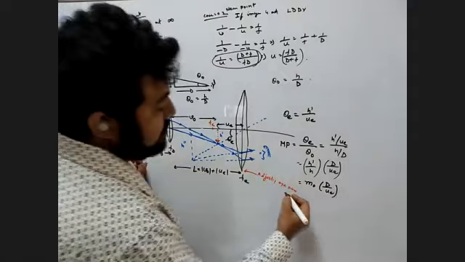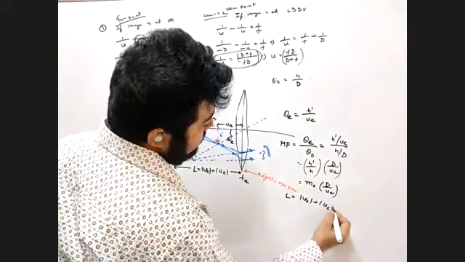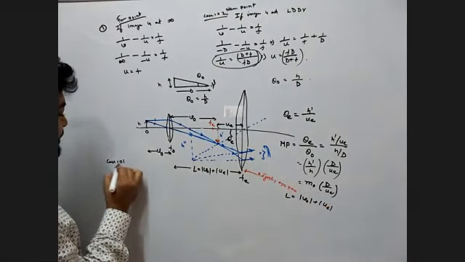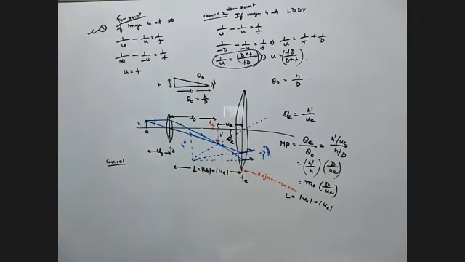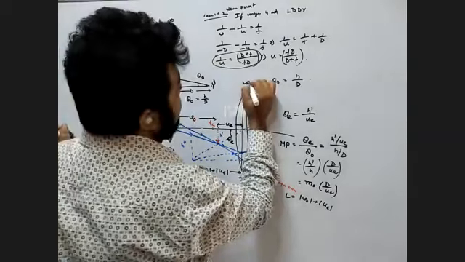And the length of the instrument is what? V naught plus ue. Now again you have two cases. Case one, what was it? The far point, yes or no? Yes, sir. And this far point is only with respect to the eyepiece.